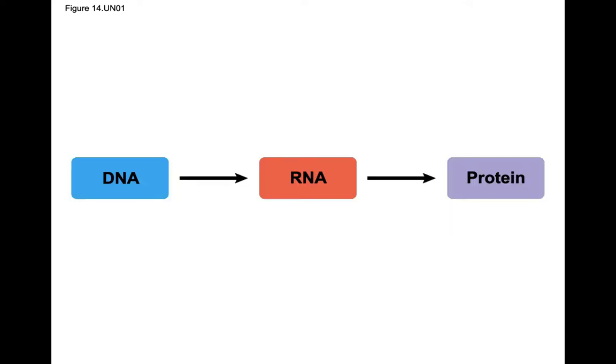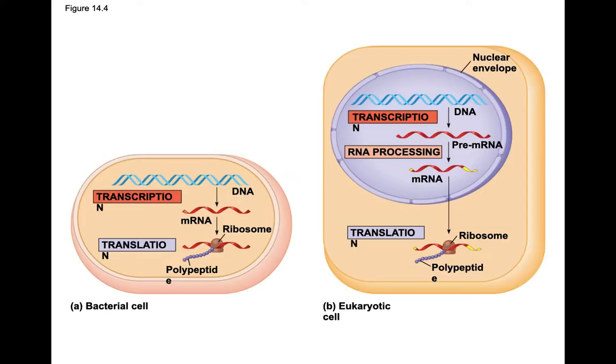Now, in terms of understanding the gene expression of protein, we really have to think about DNA, which is going to be coded into RNA, and then that RNA is going to be used by ribosomes in the ER to make our proteins. We have 2 different versions of this process in terms of transcription and translation.